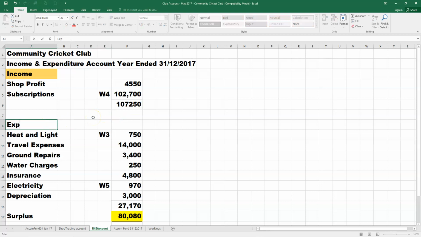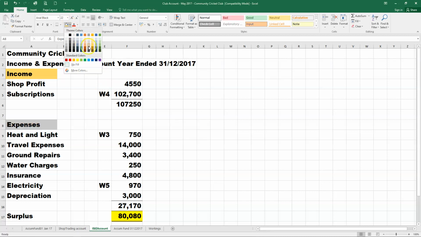Then I need to go down through my expenses. So we have expenses to put in. Okay, and they're going to come from the credit side of my receipts and payments account there. So we go down through them. So we've heat and light. That came from working 3 because remember 250 went to the trading account, 750 is for the club account itself. Then we list out all your expenses. So we've travel expenses for 14,000. We've ground repairs for 3,400.